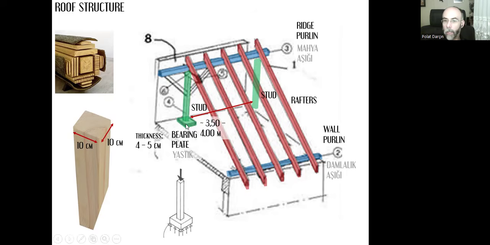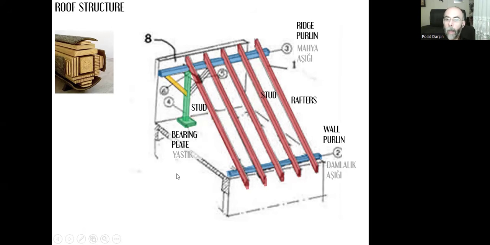Same logic here. We have a timber bearing plate with 4 or 5 centimeter thickness here, and each stud can be connected to a purlin, ridge purlin or an intermediate purlin, with the help of bracing.